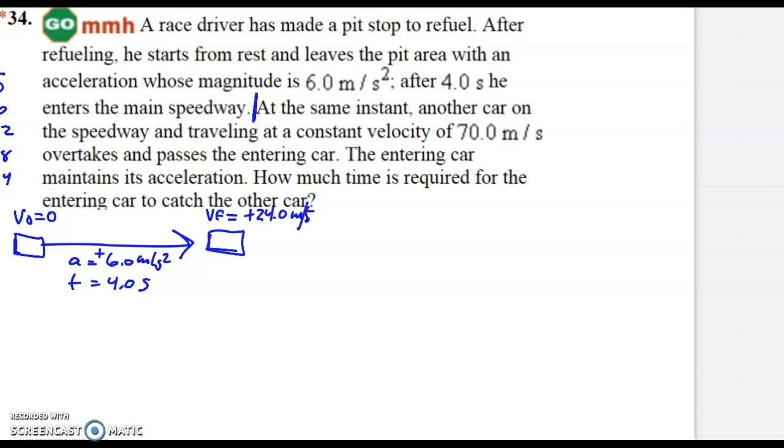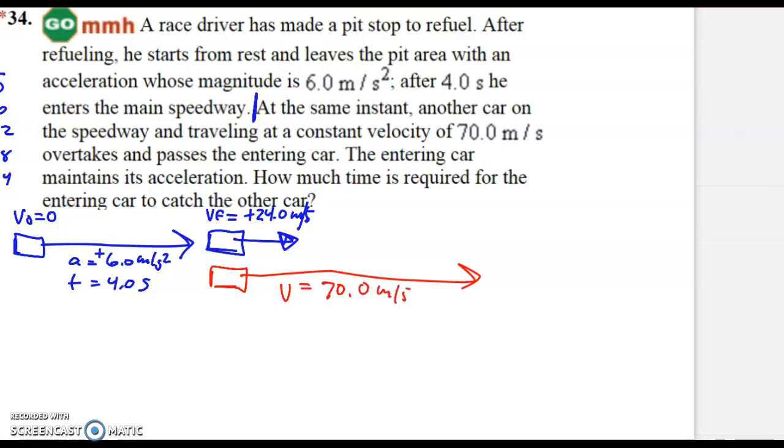Now, you read more. Then it says there's another car. As this driver enters the speedway with this velocity, there's another car that's zooming by. And this car is moving at 70 meters per second, so it's quite a bit faster. That velocity is going to be maintained.